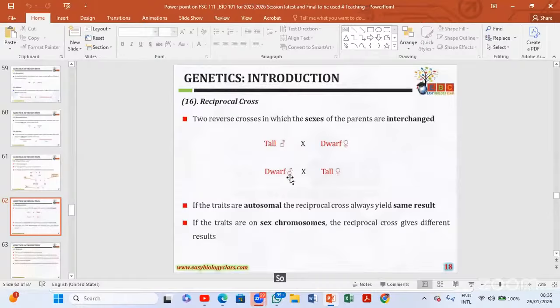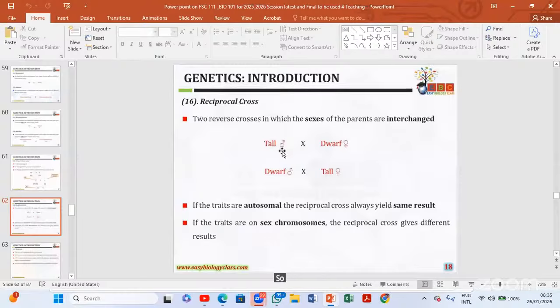That is, you want to do another cross in which a male will be dwarf with a female that will be tall. So when you see the reversal or interchange that you are seeing here, we interchange the sexes. We didn't convert a tall male to a dwarf female.